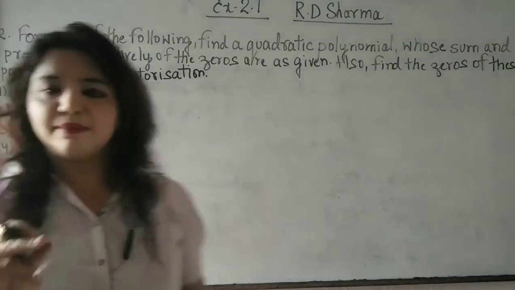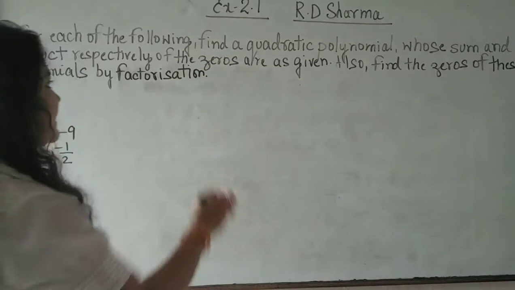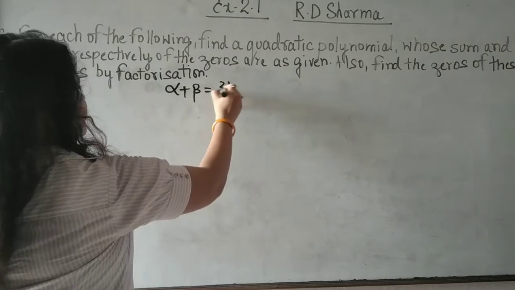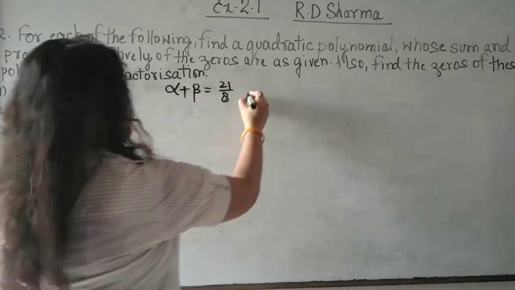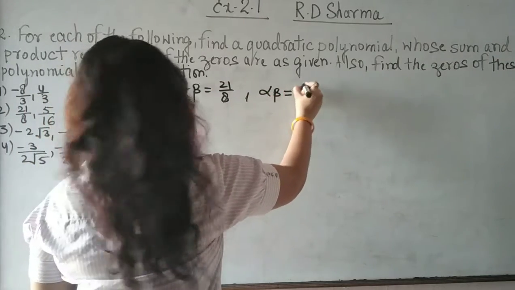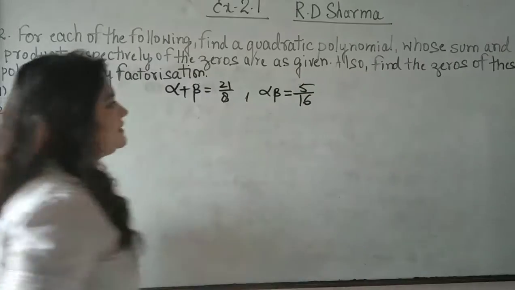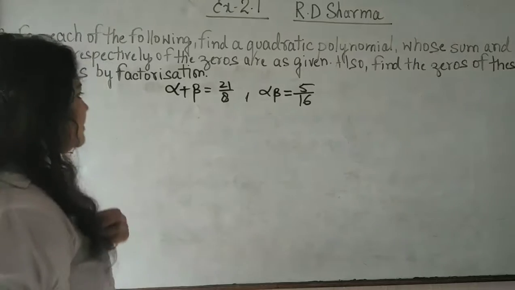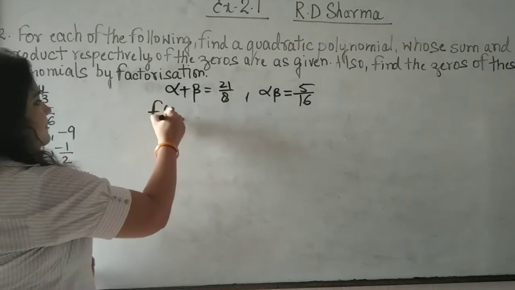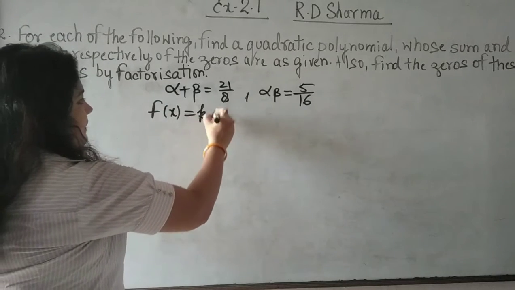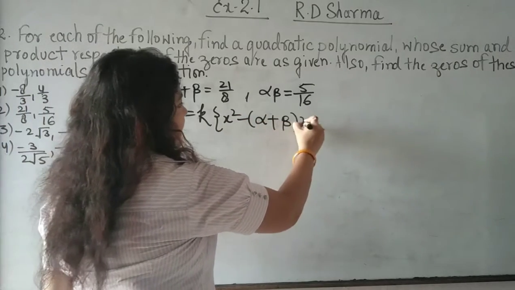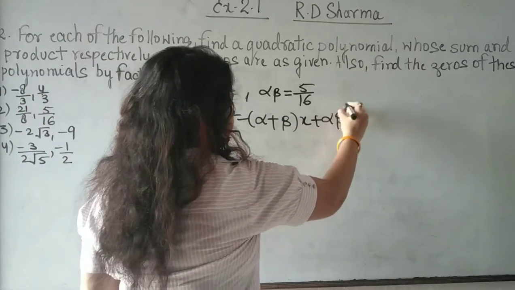Second. Yes. Alpha plus beta is given and alpha into beta is given. Alpha plus beta is given 21 by 8. And alpha into beta is given 5 by 16. We have to find out a polynomial. Just apply the formula, right? Formula is f(x) is equal to k times x squared minus (alpha plus beta) x plus alpha beta.